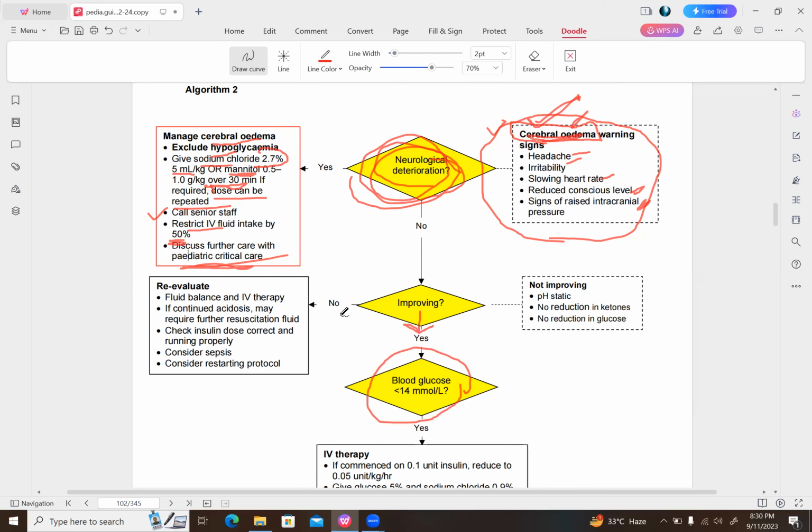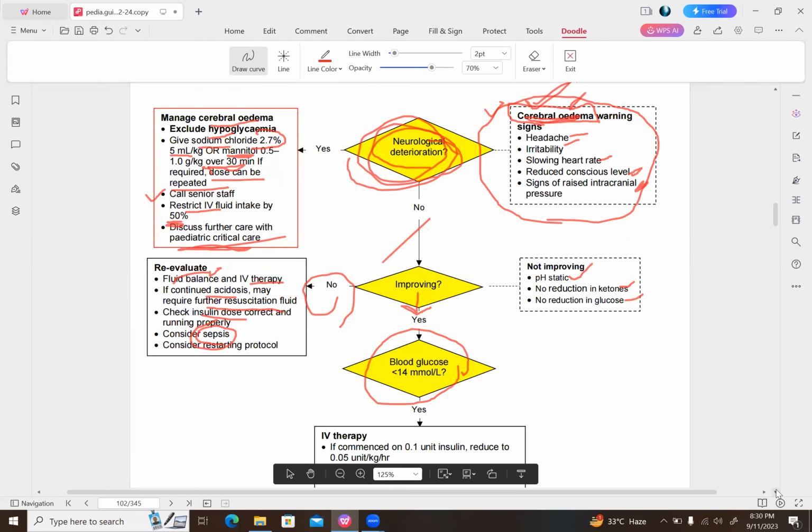And if it is not improving, if the patient is static, if the ketones or glucose are not decreasing, it means the status is not improving. If not improving, what you have to reevaluate: check for the fluid balance, check for the IV therapy. If continued acidosis, further resuscitation fluid is required. Correct the insulin dose. Consider sepsis in case of not improving.